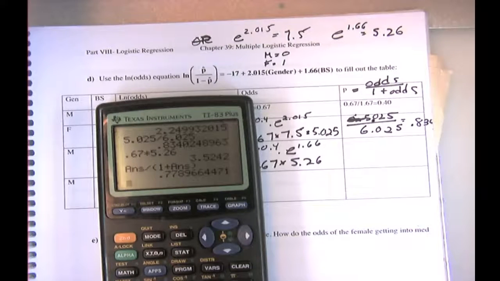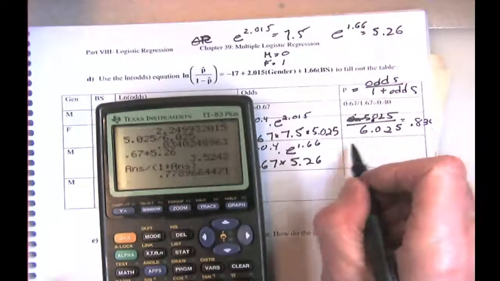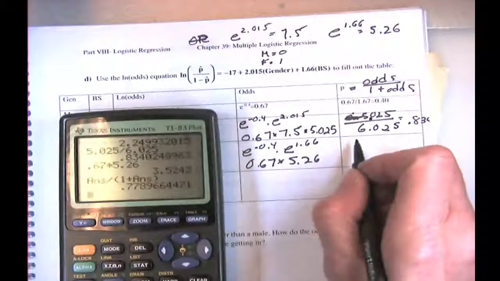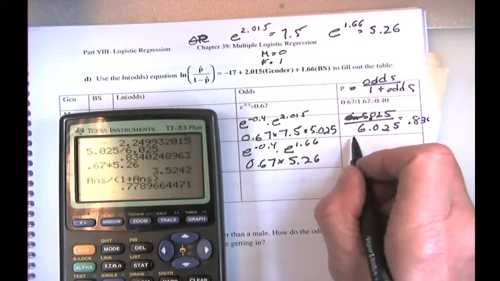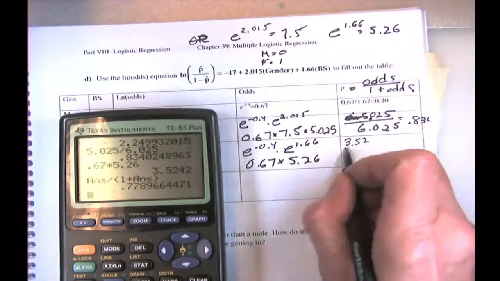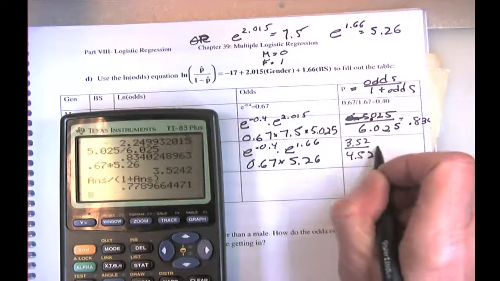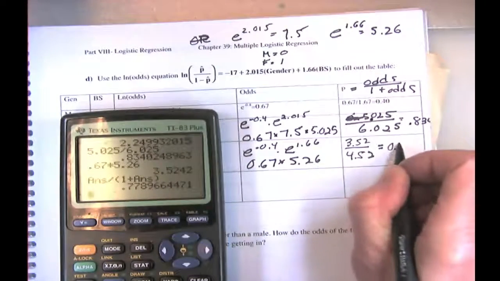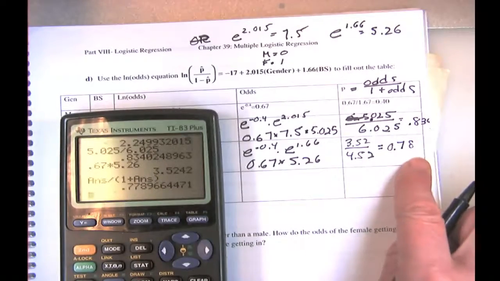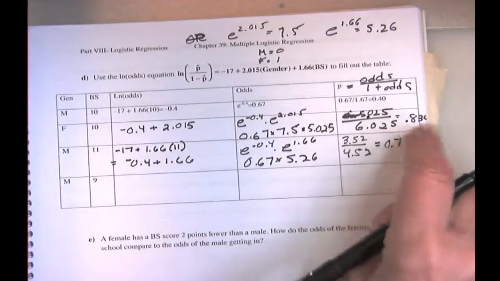And it changes from 40% all the way up to, I'm just going to round here, but when you're doing this, you should leave all the numbers in your calculator. What did I get here? I can't even read it. 3.52 over 4.52, and that is 0.78. A 78% chance he goes up. But you see, just being female increased the chances more.